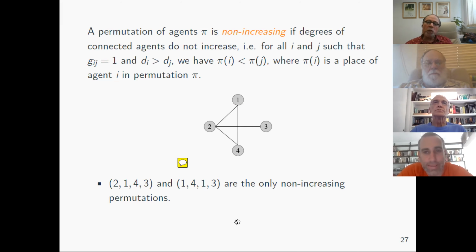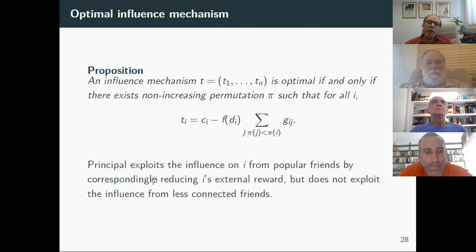Now we have a proposition that says an influence mechanism T is optimal if and only if there exists a non-increasing permutation pi, such that for all agents, the transfer is: first pay this agent his C_i, and then extract from this agent his social benefit from all those people who appear before him in the non-increasing order.